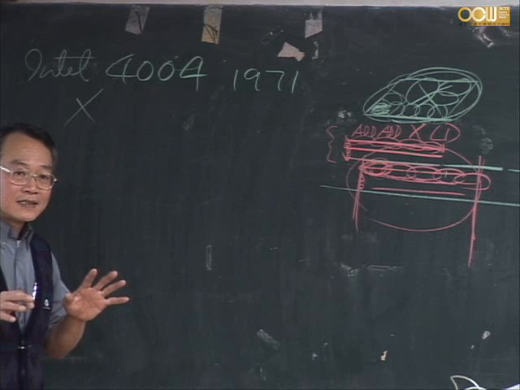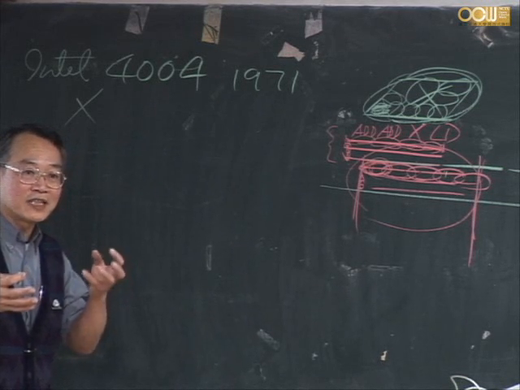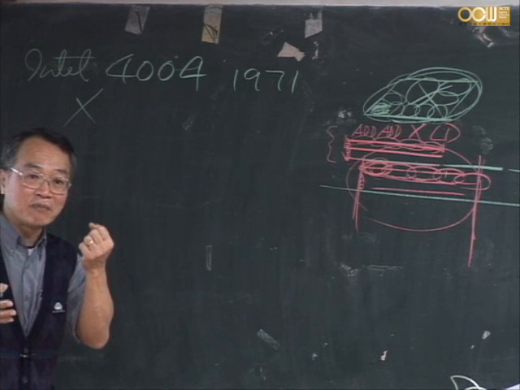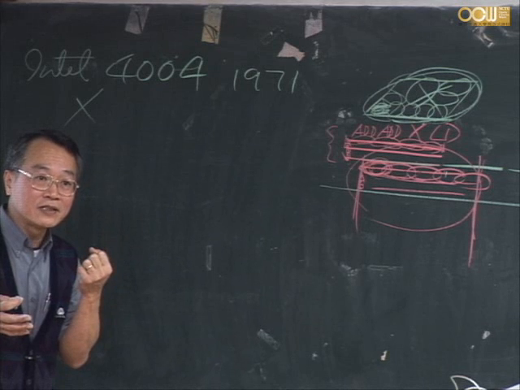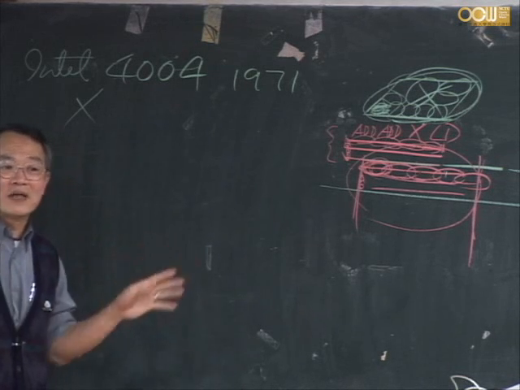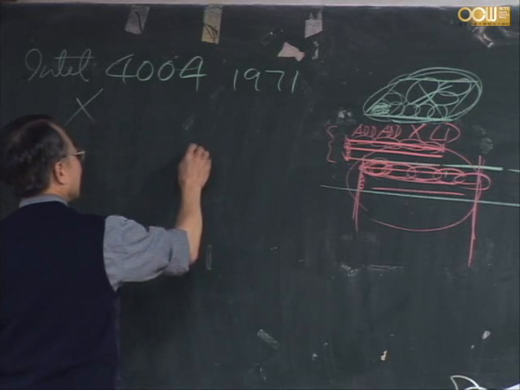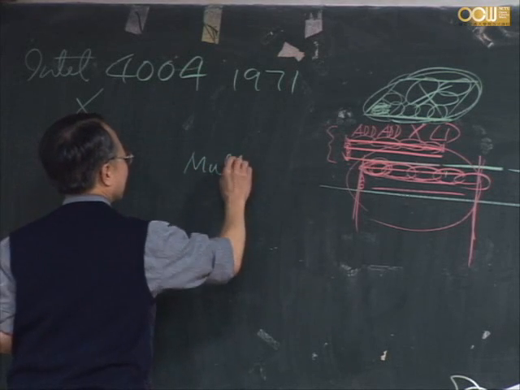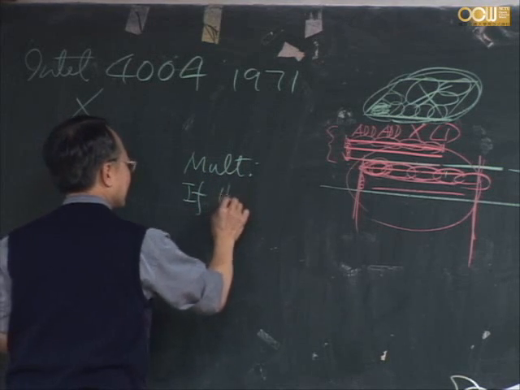But you want to give the image of your computer being very powerful to your customer, right? You always need to tell your customer, my computer can do whatever you want. So I have instructions like multiplication. I have instructions like if-then-else.